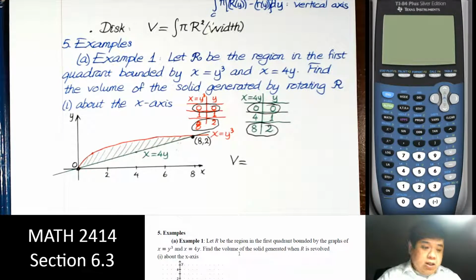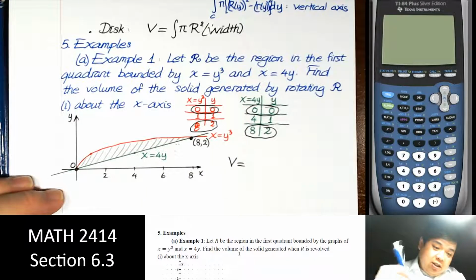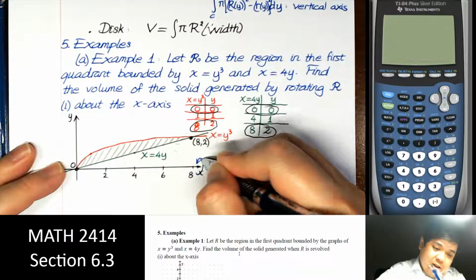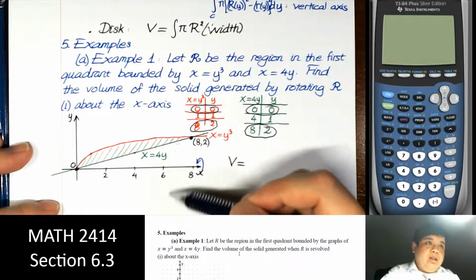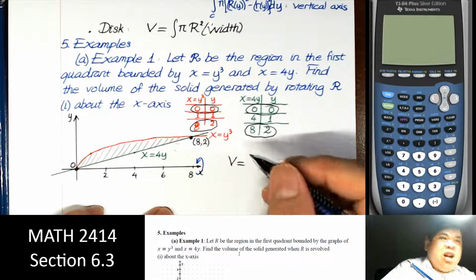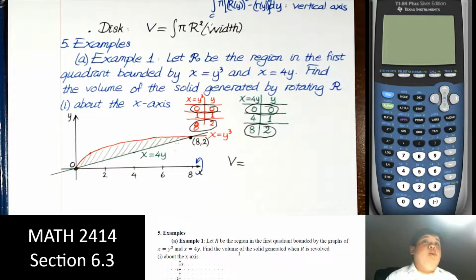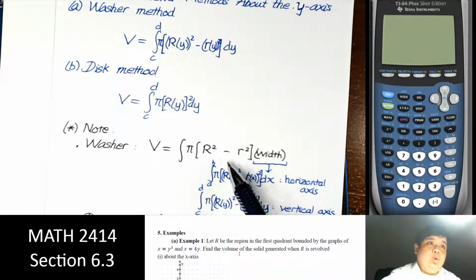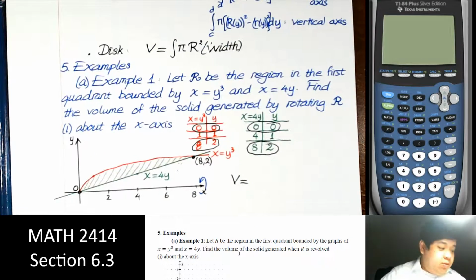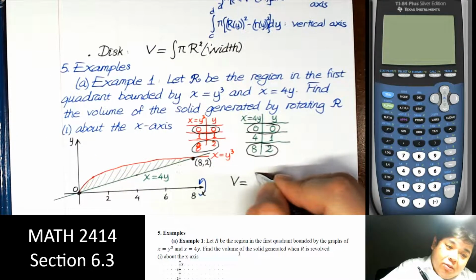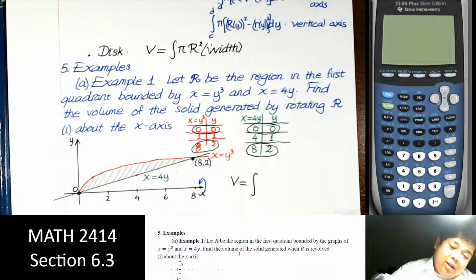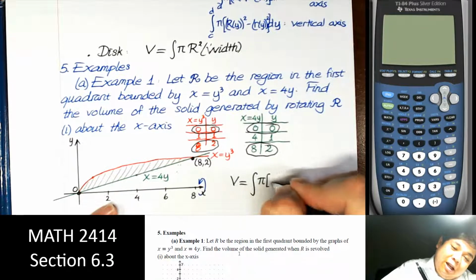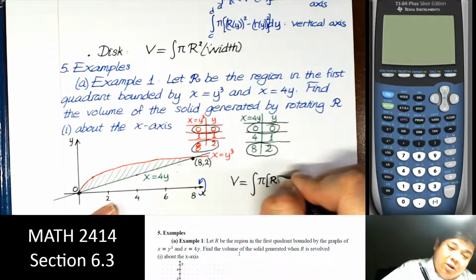So when we look at this, when we rotate this about the x-axis, there will be a hollow region. Besides, I think it's always best to set up the problem with the washer method. If it just happens to be no hollow region, then the little r in here, set that equal to 0. So I think we can just go with the washer method. The inner radius might be 0.